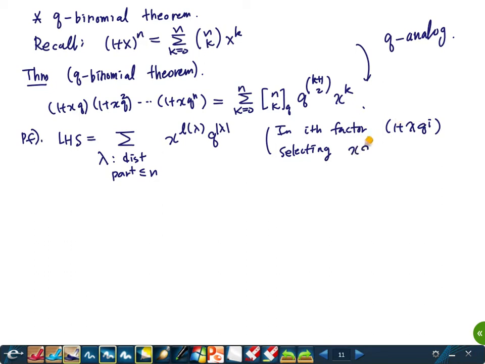Selecting the term x q to the i corresponds to having this part i in lambda.